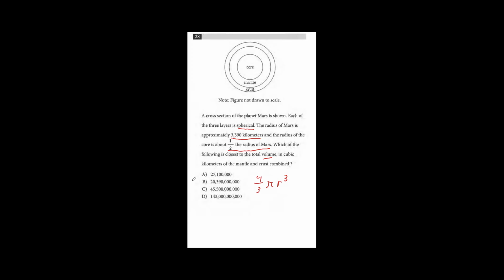as the volume formula. So in this case, we need to find the volume of the entire planet and then subtract the volume of just the core to find the volume of the mantle plus the crust. This is definitely something you need a calculator for.